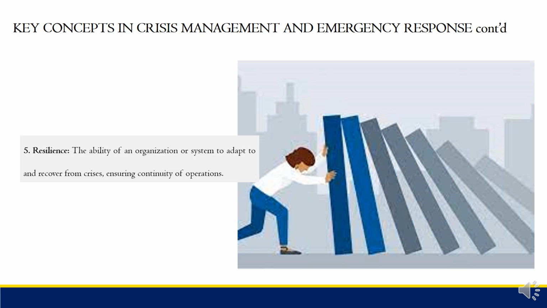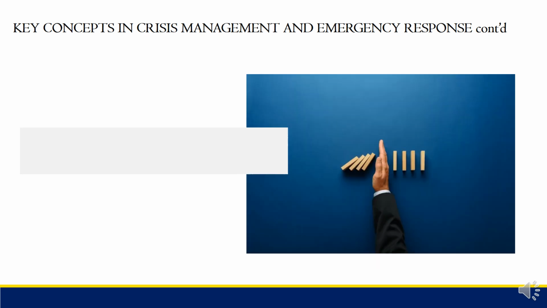Resilience, the ability of an organization or system to adapt to and recover from crisis, ensuring continuity of operations. 6. Mitigation, measures taken to reduce the severity or likelihood of the occurrence of a crisis or emergency.